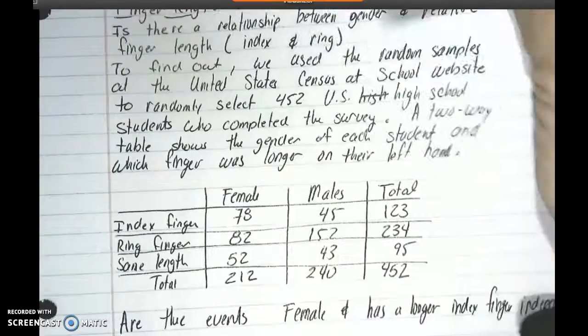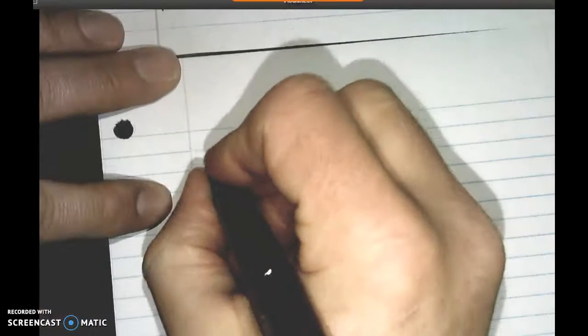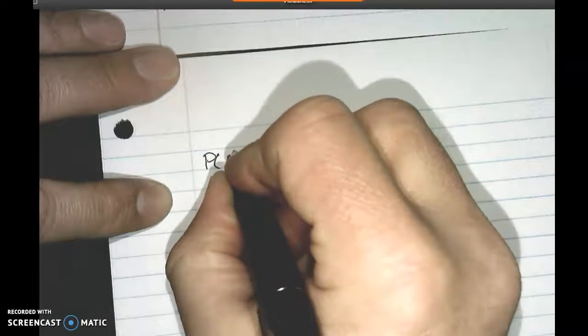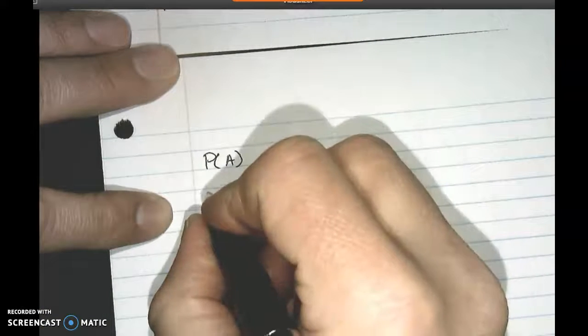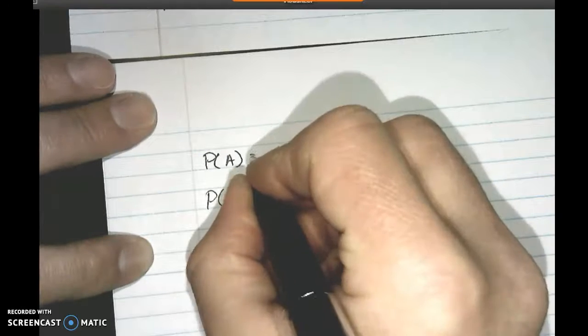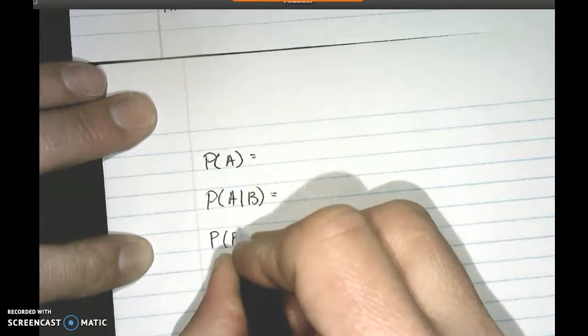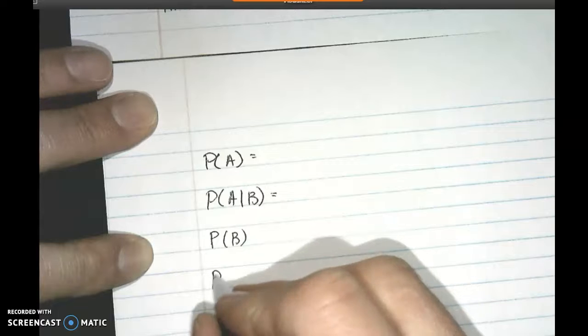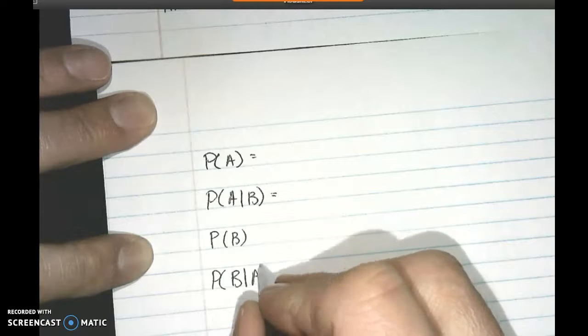So to do independence, we need to have our test. We have the probability of A, and we need to know the probability of A given B, and then we need the probability of B and the probability of B given A, right?